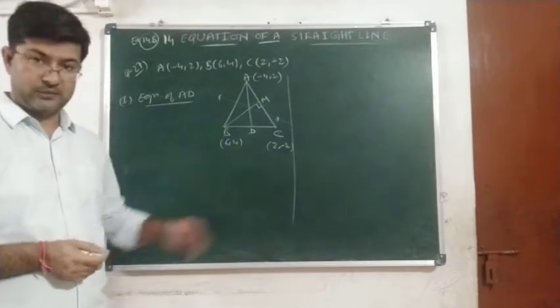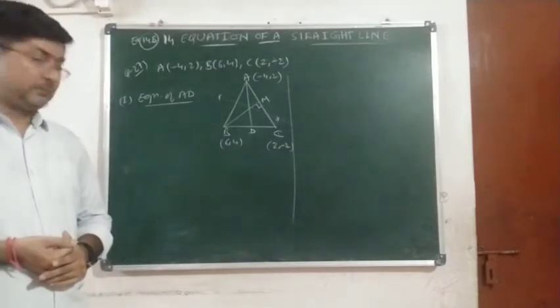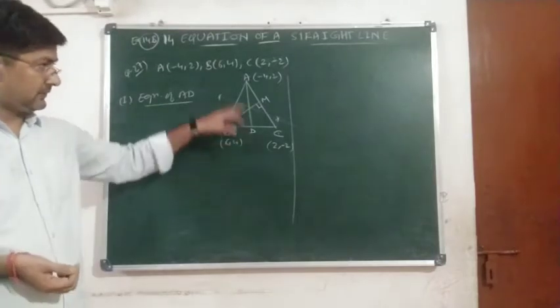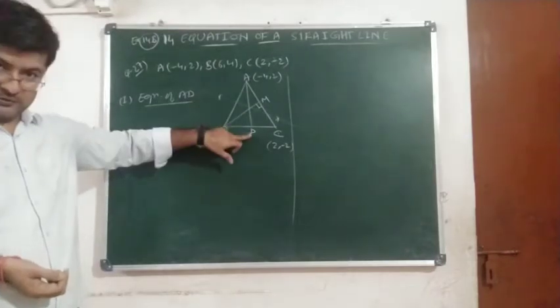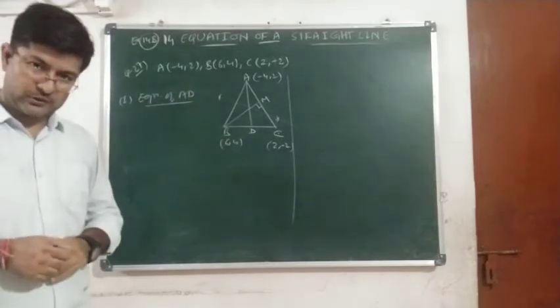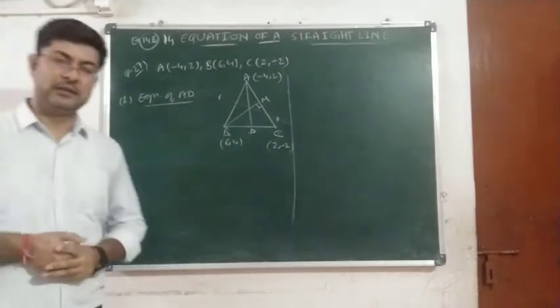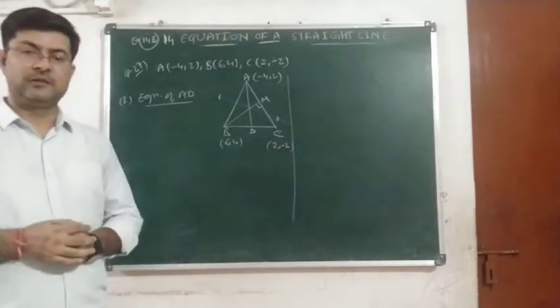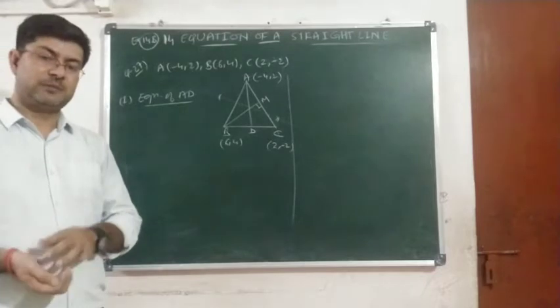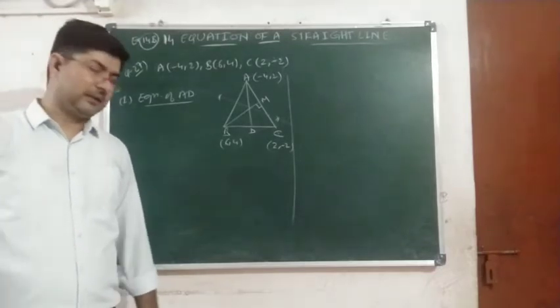So we will first calculate the coordinates of point D using the midpoint formula, and then since the coordinates of A are also given, we can use the 2-point formula to form the equation of line AD. What is that 2-point formula? y minus y1 upon x minus x1 is equal to y2 minus y1 upon x2 minus x1.